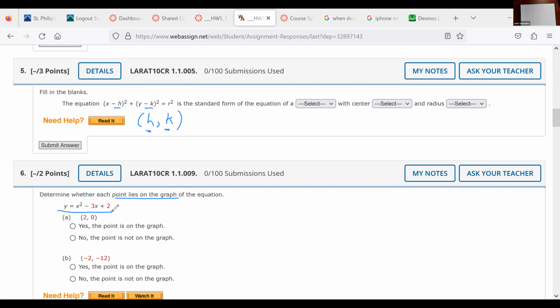If you're comfortable with graph, you should be able to tell me right away, is this point on the graph or no? And if not, let's just plug it in, right? We don't have to think too hard. X is 2, y is 0.